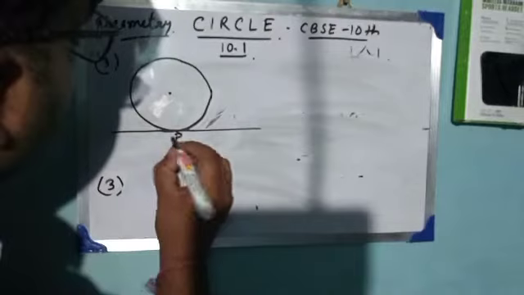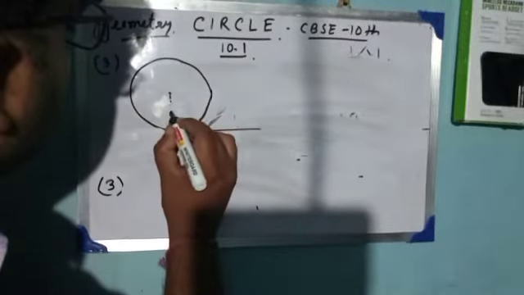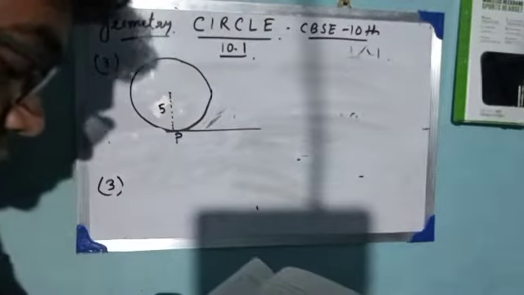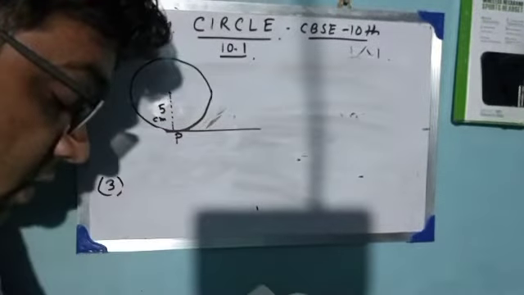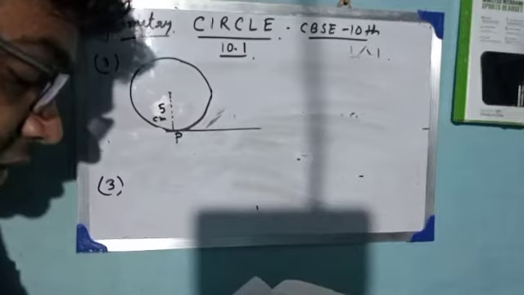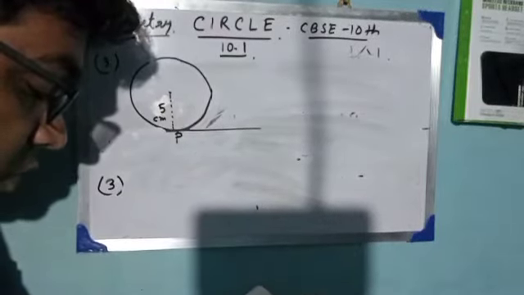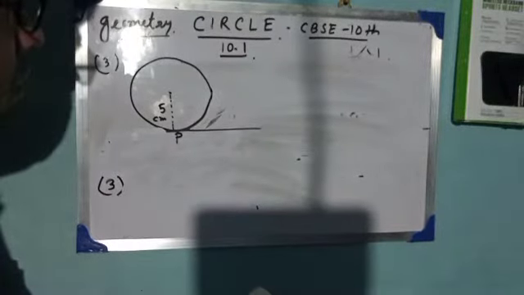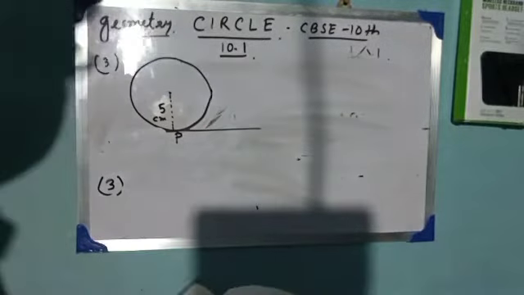So this is the point P, and this will be the radius, 5 centimeter. The tangent meets a line through the center O at a point Q, so that OQ is equal to 12 centimeter.